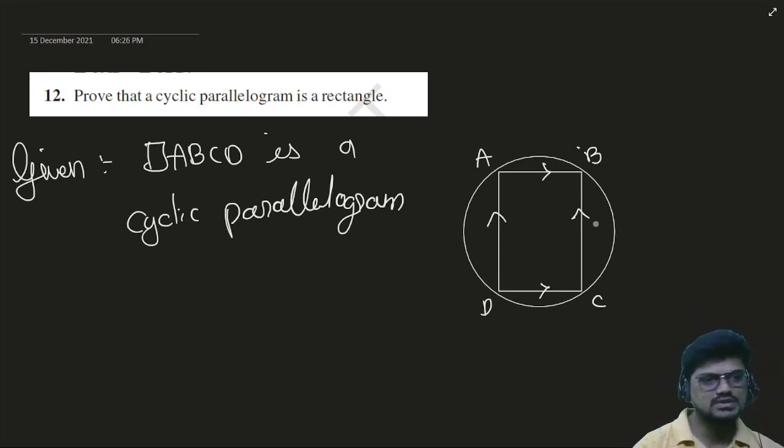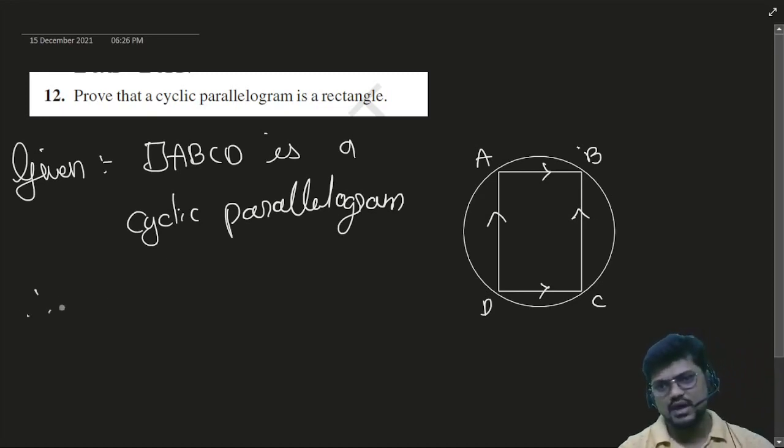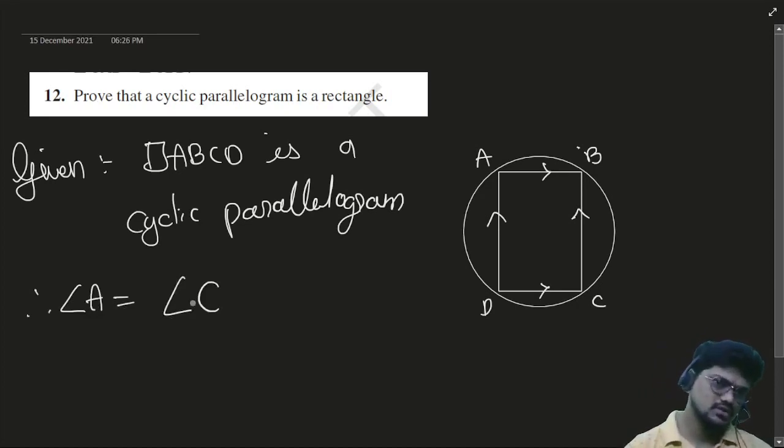Prove that a cyclic parallelogram is a rectangle. Sir, opposite angles of a parallelogram need to be equal. Therefore, angle A is equal to angle C. They both will be equal because it's a parallelogram.